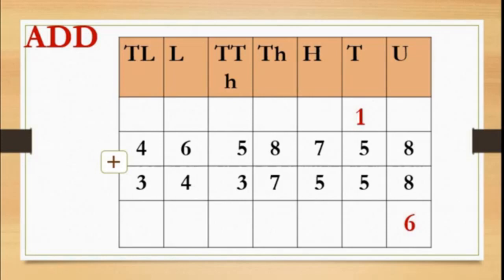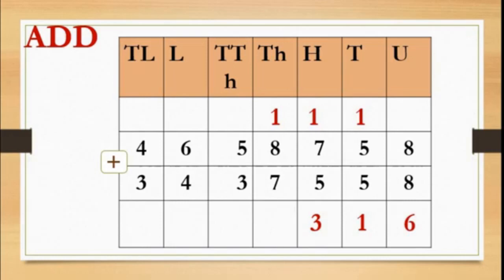Now here 1 plus 5 plus 5 is 11. Right? 1 we will write, 1 is carried over to the hundreds place. Then here 1 plus 7 plus 5 is 13. So 3 here, 1 is carried over to the thousands place.